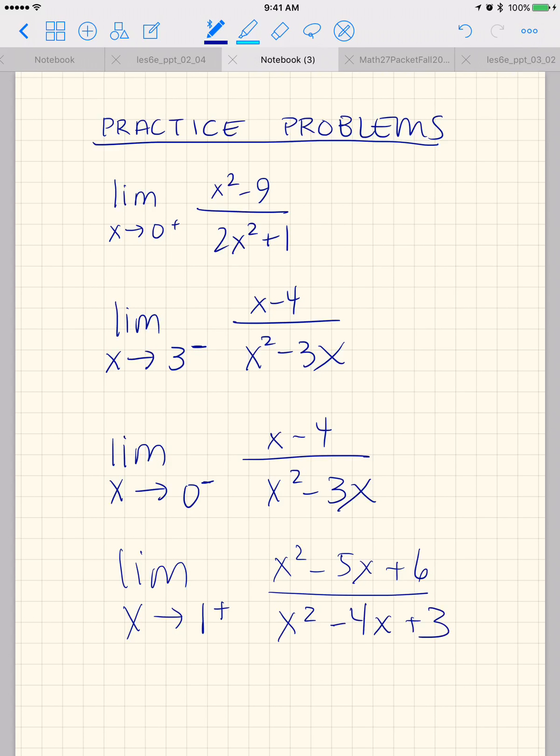Okay, and now after the great presentation that we had on infinite limits, you can check your answers by going to Desmos.com, graphing these rational functions, and then using the analysis by just looking at the graph to tell what the limits are.